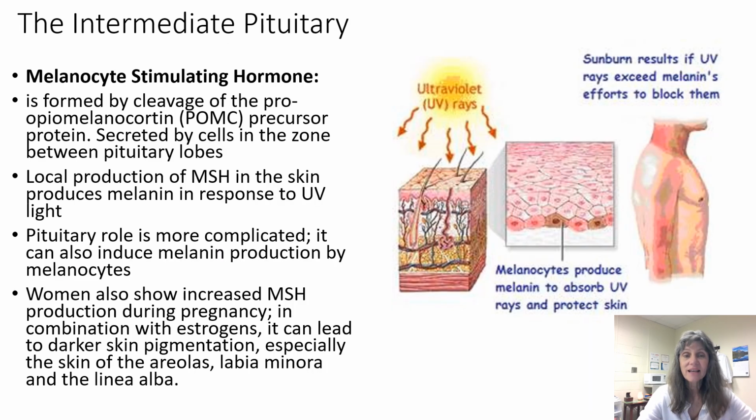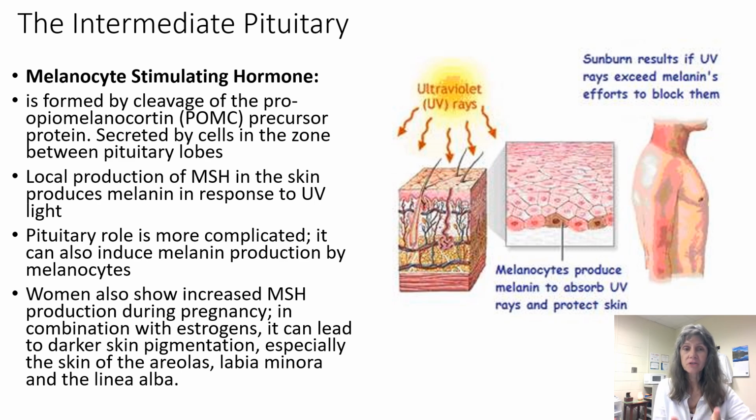There is another portion of the pituitary gland that's between the anterior pituitary and the posterior pituitary. It's called the intermediate pituitary. This is where we have cells that produce a hormone known as melanocyte stimulating hormone, and it's actually formed by cutting a molecule known as pro-opiomelanocortin.